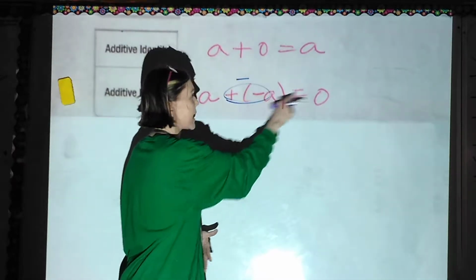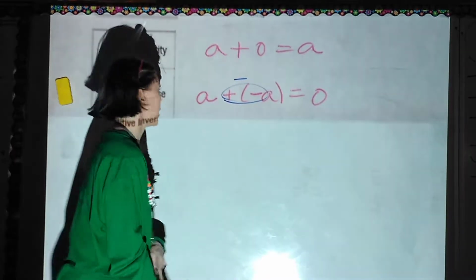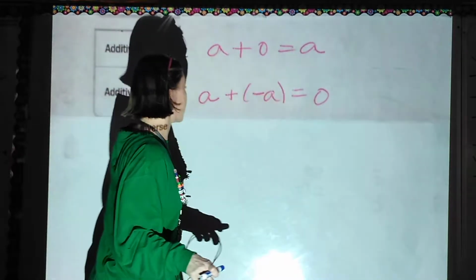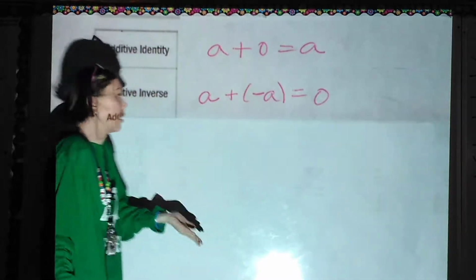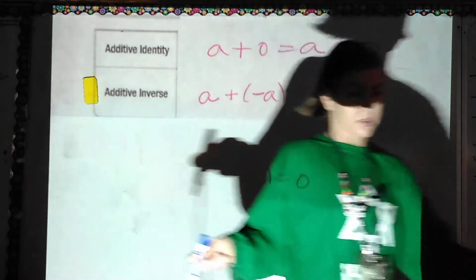So A minus A is 0, okay? So additive inverse means if you start off with an original and you add the original's opposite, you're going to get 0. Okay, that's the additive inverse.